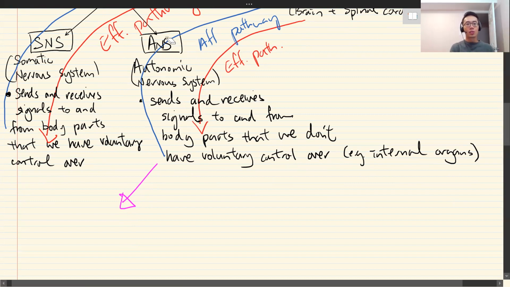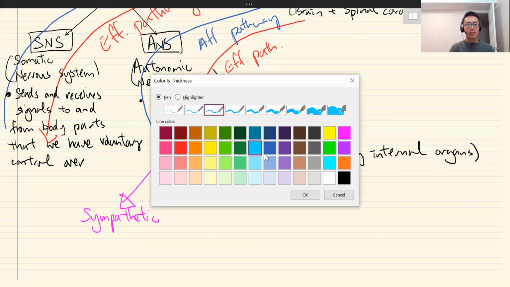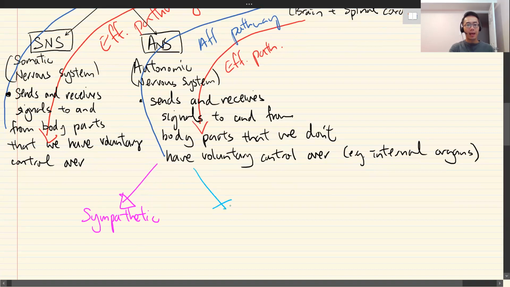So all those things fall under the ANS, and then there are two subdivisions under the ANS. One of them is the sympathetic, and the other one is the parasympathetic.